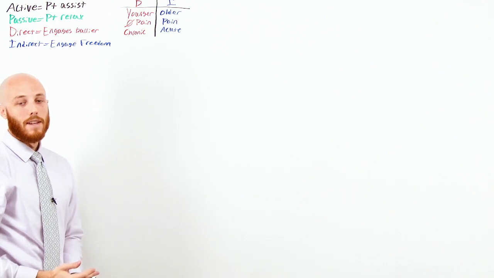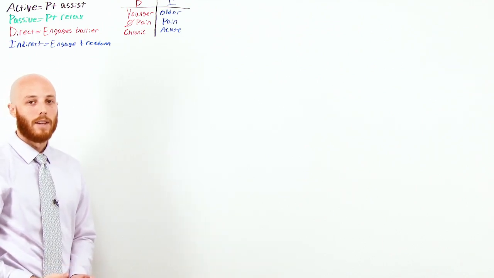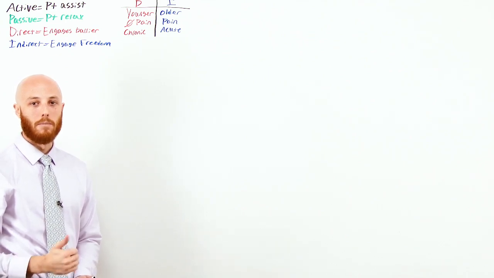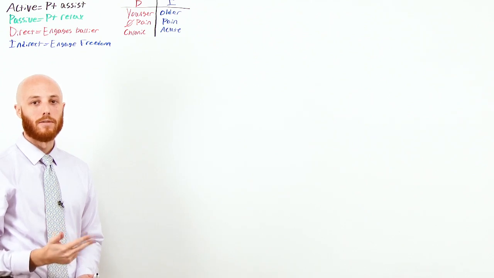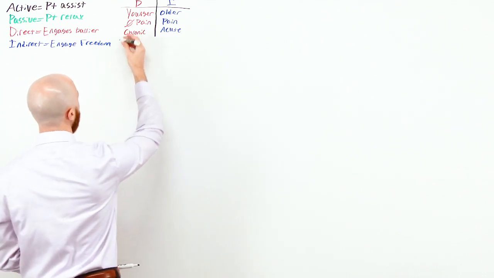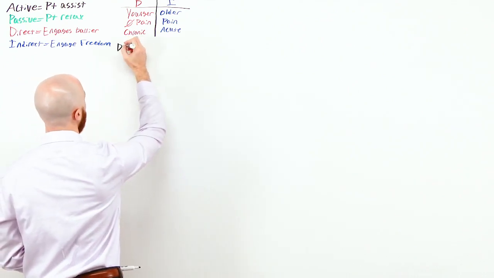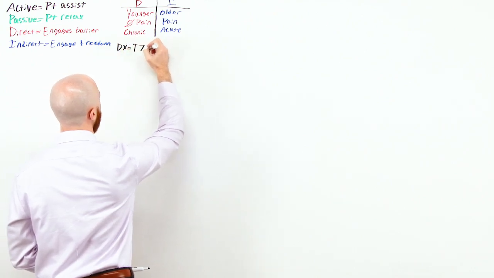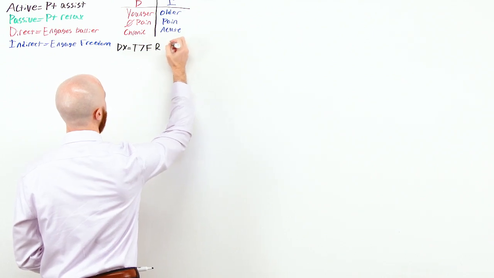So for the rest of this, we're going to go with one example, and I'm going to relate all of the treatments back to it so that you understand the barrier, the restriction, the freedom, all the vocabulary. So let's say that the dysfunction is going to be T7 FRS right.